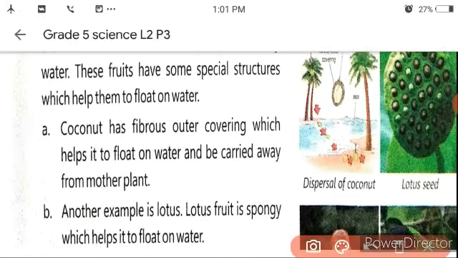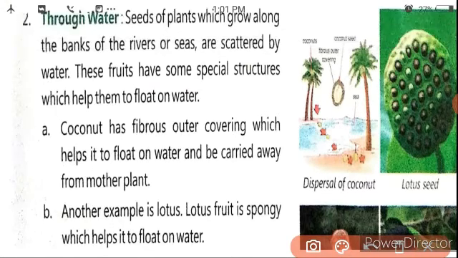Next one, through water. How is water helpful in the dispersal of seeds? See, here are two examples, dispersal of coconut and lotus seed. See, the coconut tree that is growing along the river banks or sea, isn't it? If the coconut seed falls down from the mother tree, it will float on the water.